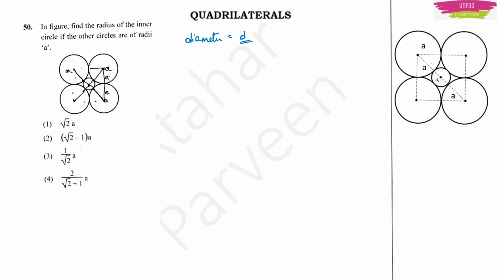So we know that the radius of each circle is A, this is also A, this is also A, and A. We can use the Pythagoras theorem.